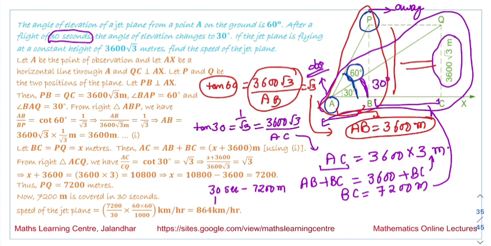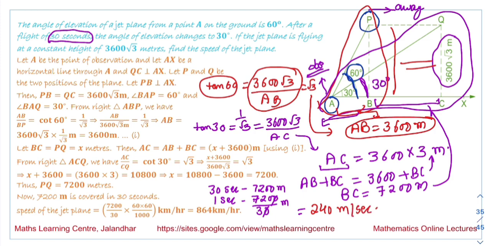So in 1 second it would have traveled 7200 over 30 meters. So its speed is 72, these two get cancelled, and the value we are left with is 240 meters per second.